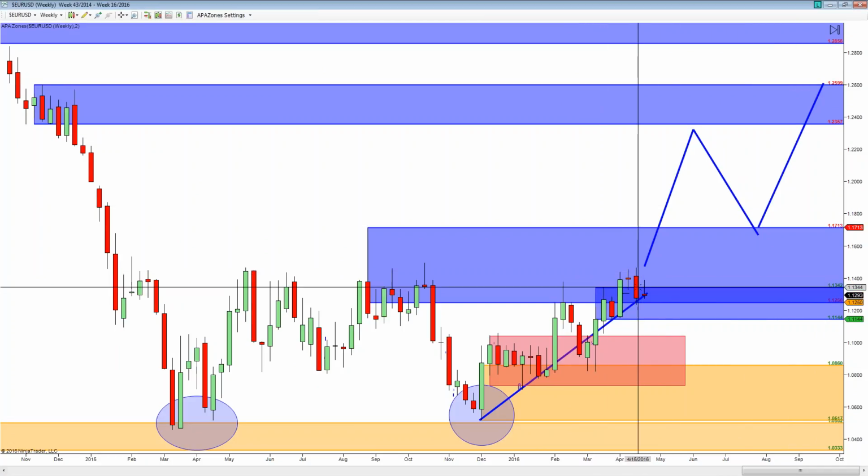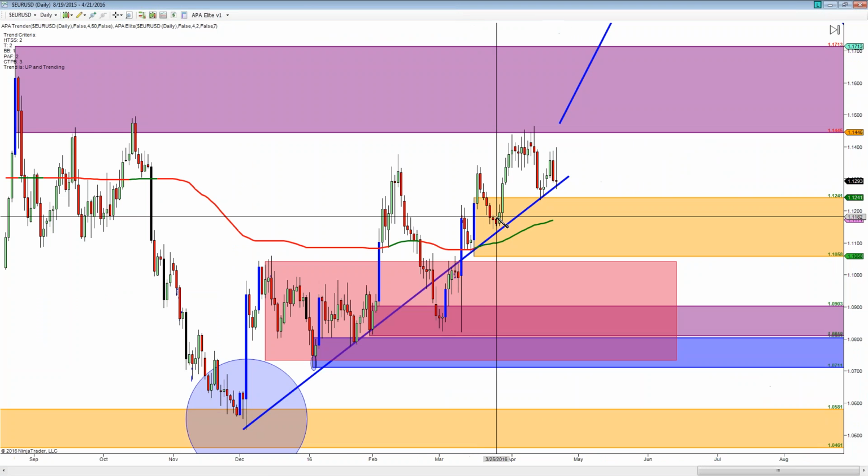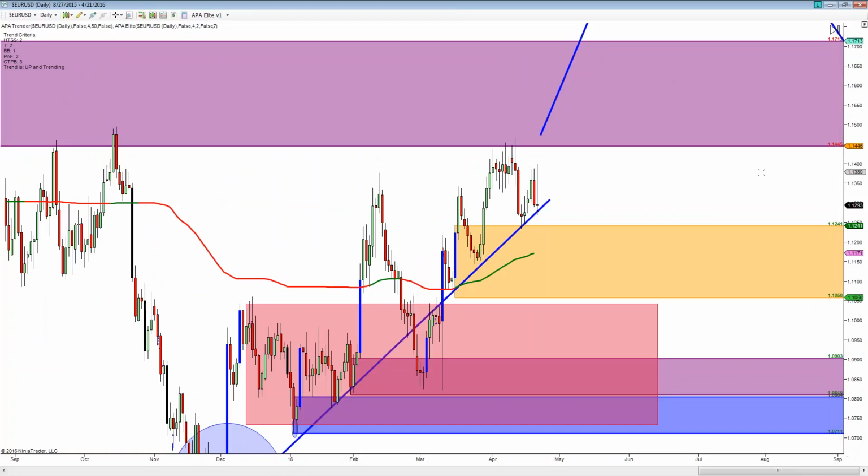I'm seeing uptrend, and over the past week, we've seen a little bit of a retracement back to the downside, but I'm really not too concerned about it just yet, because that perspective is so big. It's a weekly pattern. It's just going to take some time to play out.